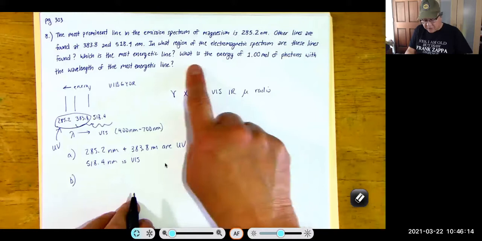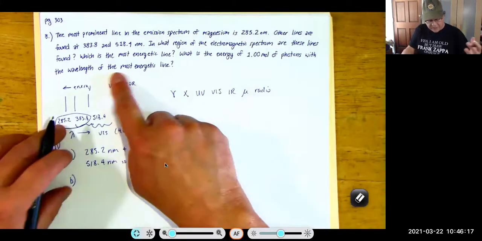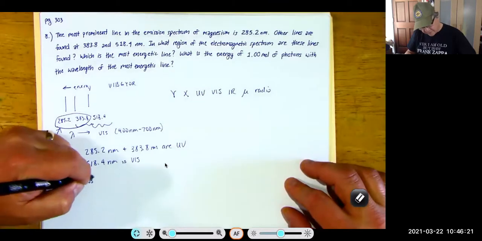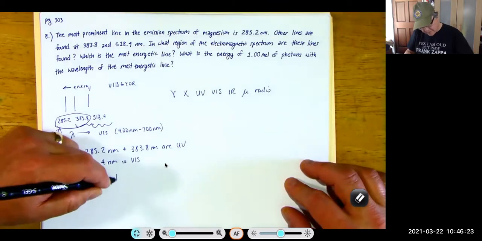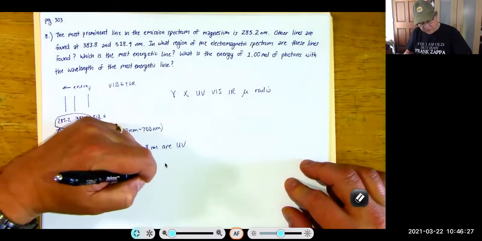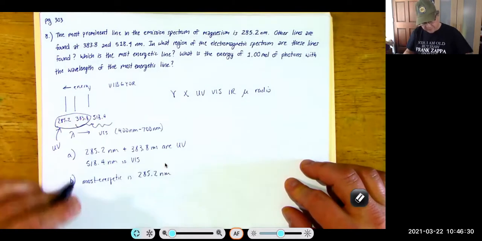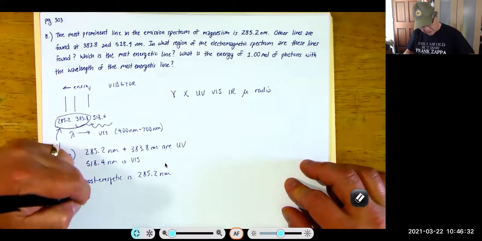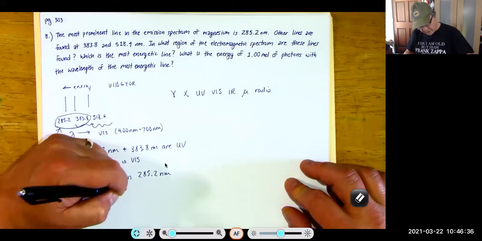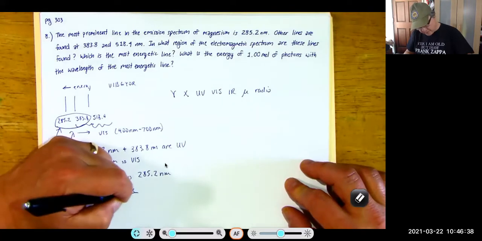And what is the energy of 1 mole of photons with the wavelength of the most energetic light? Okay, so the most energetic is 285.2 nanometers. So the energy is going to be h nu, which is hc over lambda.